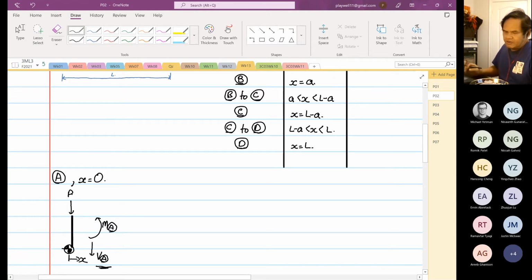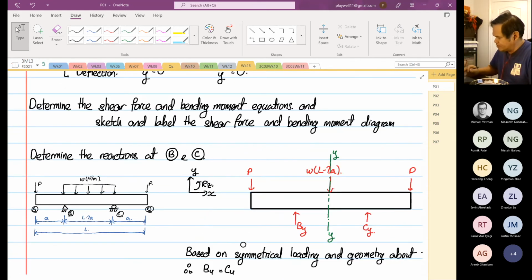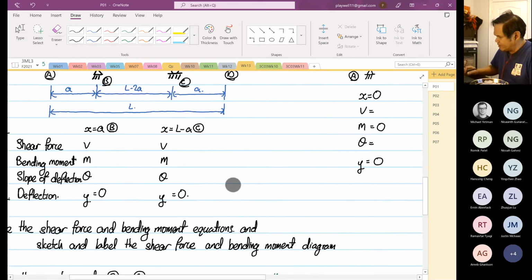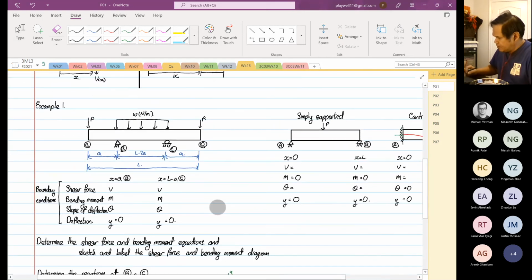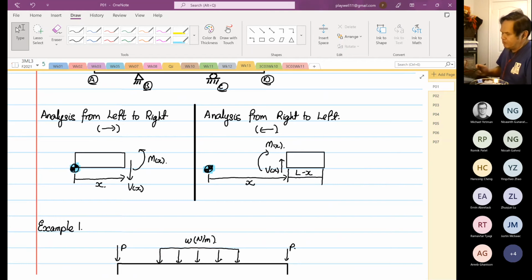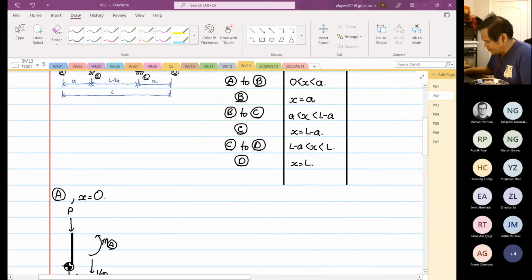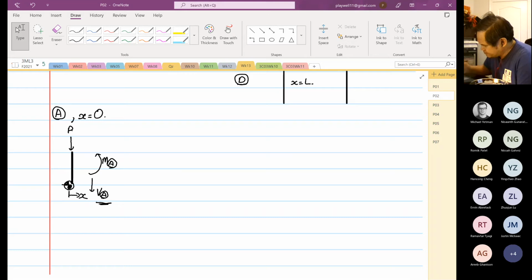Later on, when I started teaching this course, I realized why. Because we are making the assumption of positive shear and positive bending moment. That is why the shear force and the moment are going this way. So don't be like me, discovering it so late. Discover it when you're young.